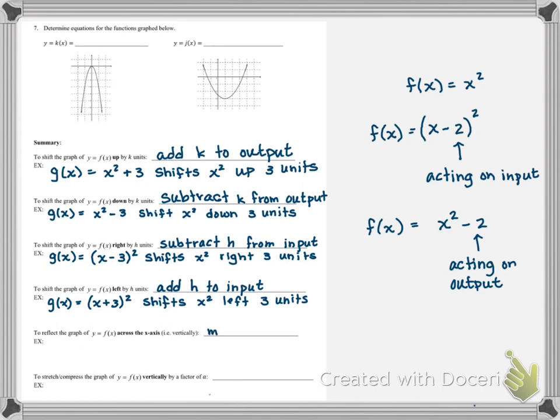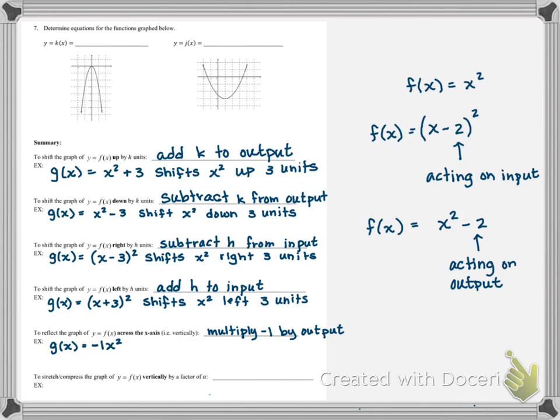So multiply -1 by the output. You could call that negative; the 1 doesn't necessarily need to be there, but it's helpful in noticing that you have to square x first and then multiply by -1.